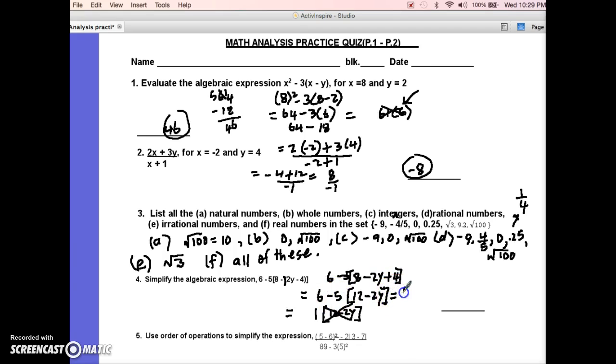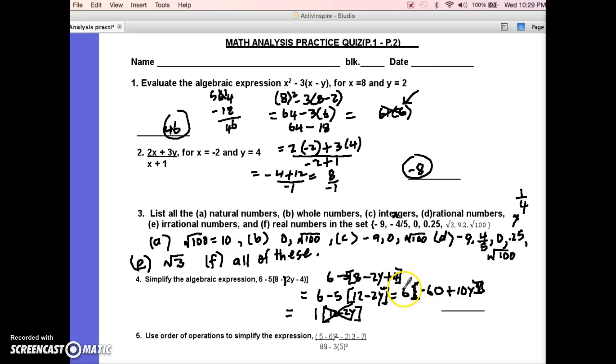So here we go. Leave the 6, and then -5 times positive 12 would give me -60. And -5 times -2y would give me a positive 10y. And now I really don't need this, I'm sorry, because I've just multiplied.